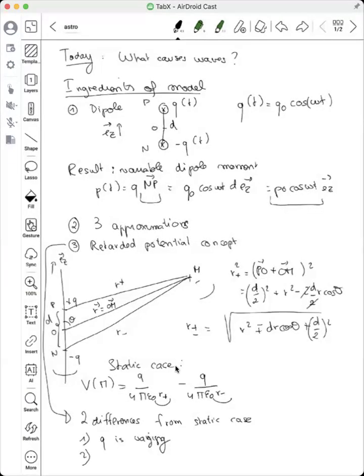Okay, so if you remember in the static case, we said we don't mind about the time it takes. We are also looking at stationary, at equilibrium states.